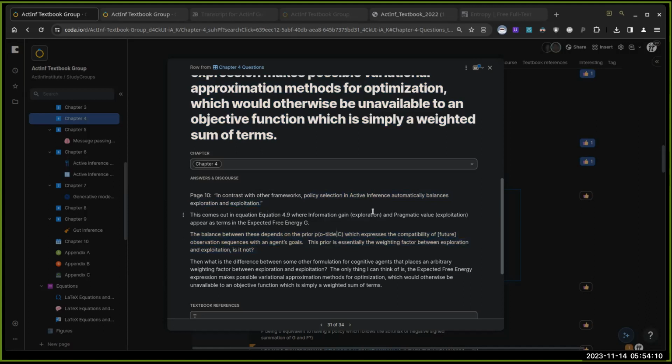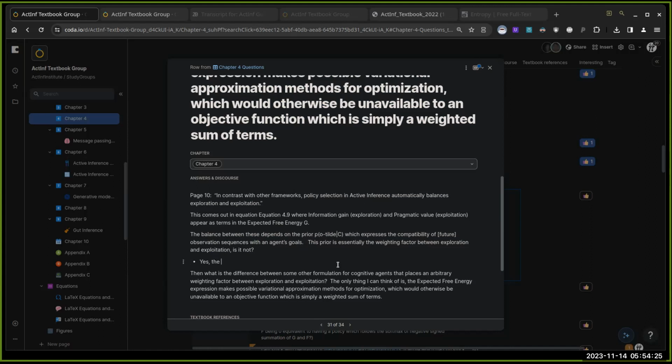The balance between epistemic and pragmatic value depends on, basically, among other things, the intensity of C. This prior is the weighting factor between exploration and exploitation. Yes.